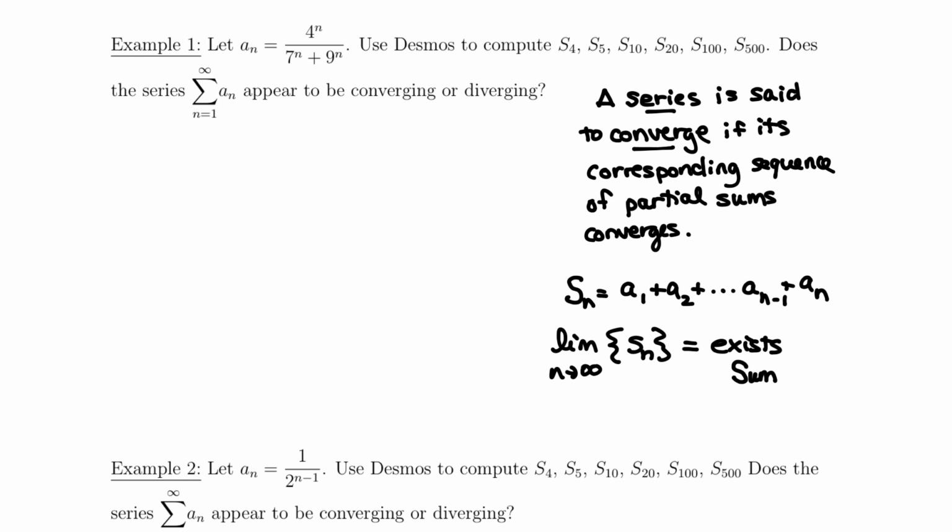So this is the mathematical theory behind what we're doing. An infinite series is an infinite summation, and it's said to converge if its corresponding sequence of partial sums converges.